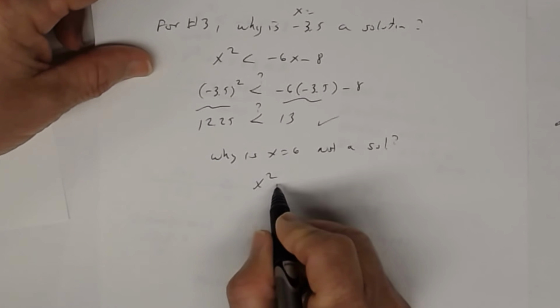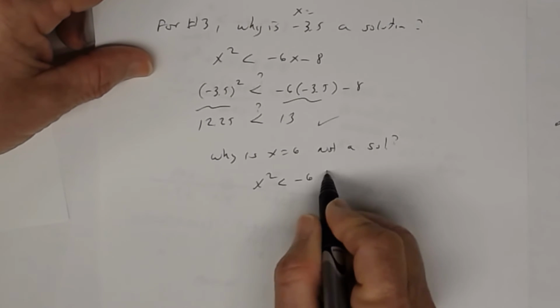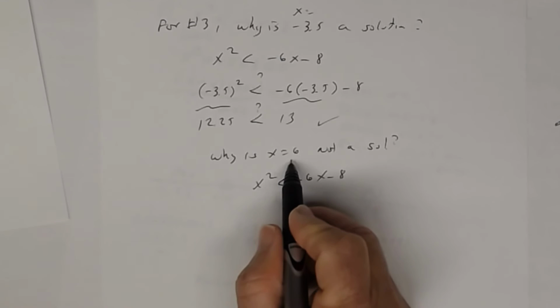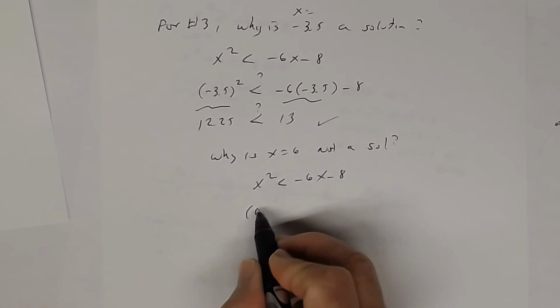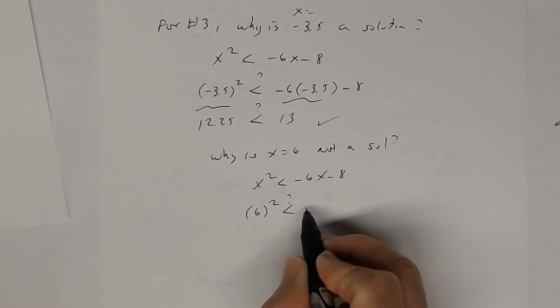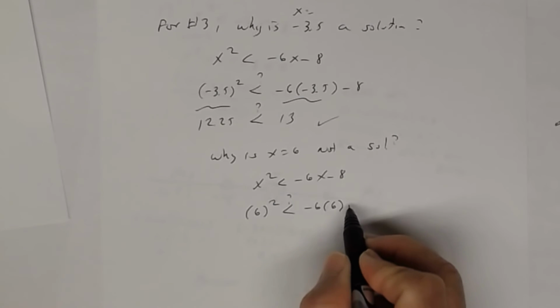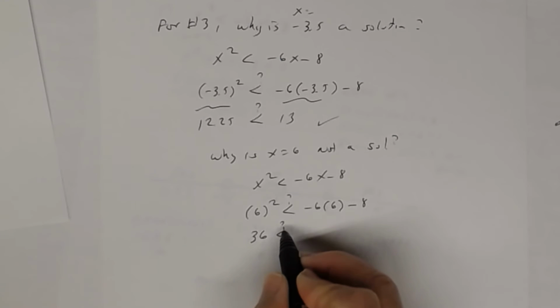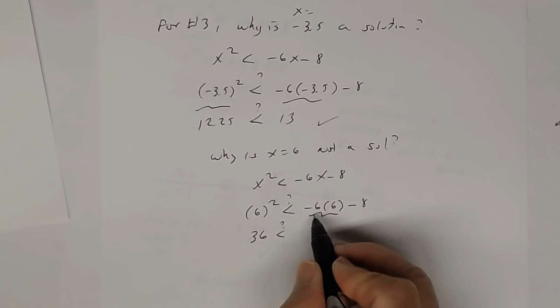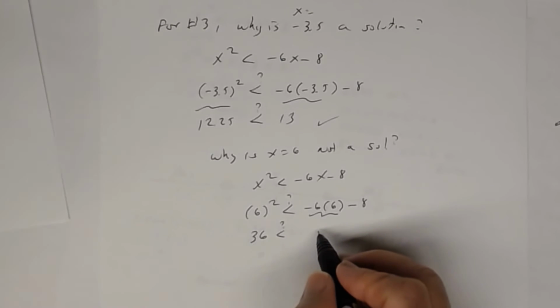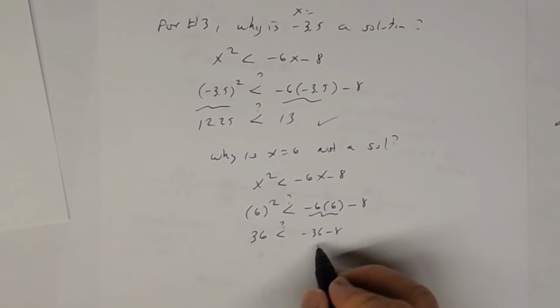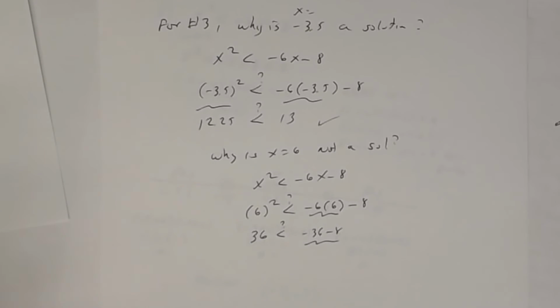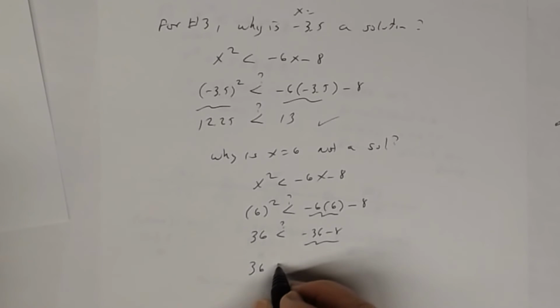In place of x, I'm going to substitute 6. So 6 squared is less than negative 6 times 6 minus 8. 6 squared is 36. Negative 6 times 6 is negative 36, minus 8 is negative 44. So is 36 less than negative 44?